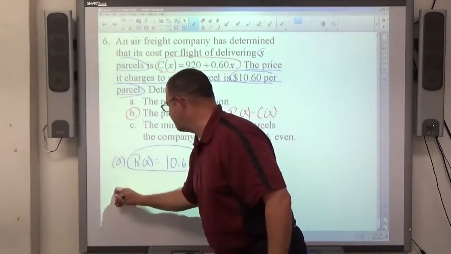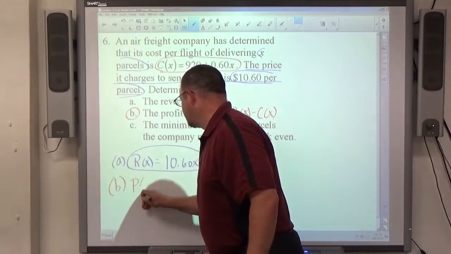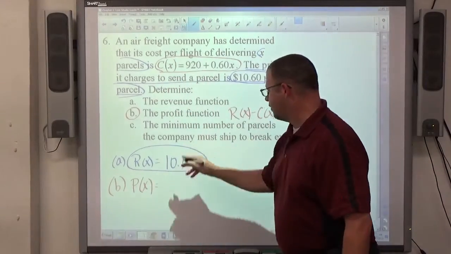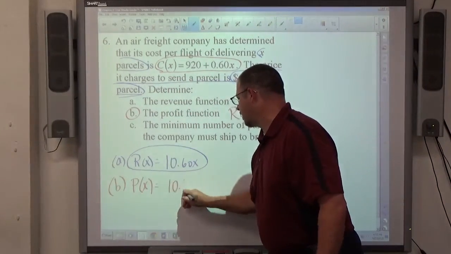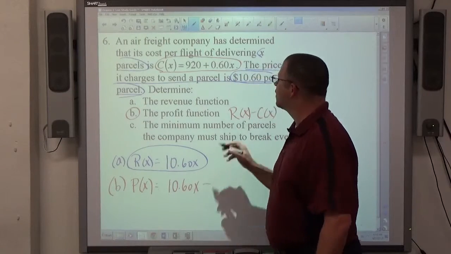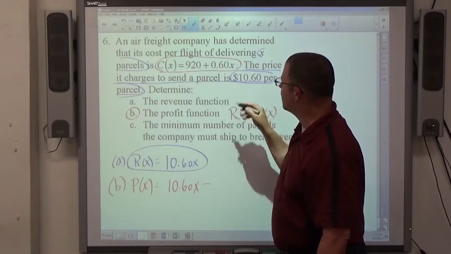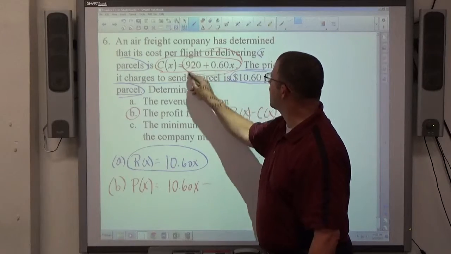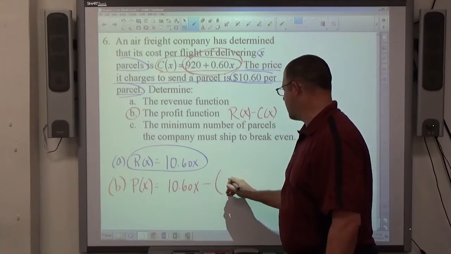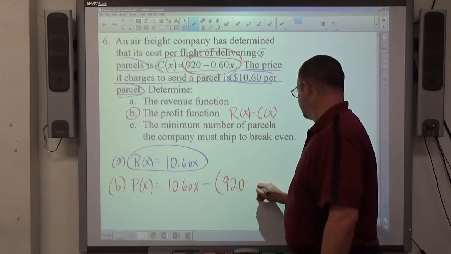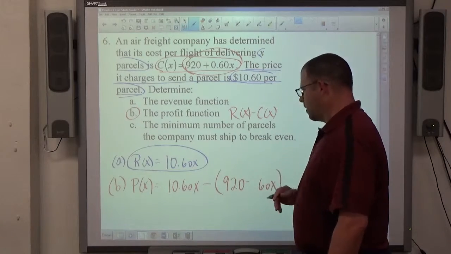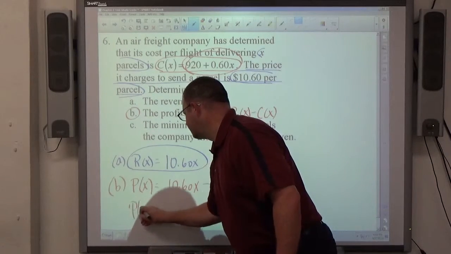So for part B, the profit function is the revenue function we just determined, $10.60 X, minus the cost function, which is 920 plus 60X. Notice the cost function is a binomial, so make sure that we put that in parentheses. So we get the profit function here.